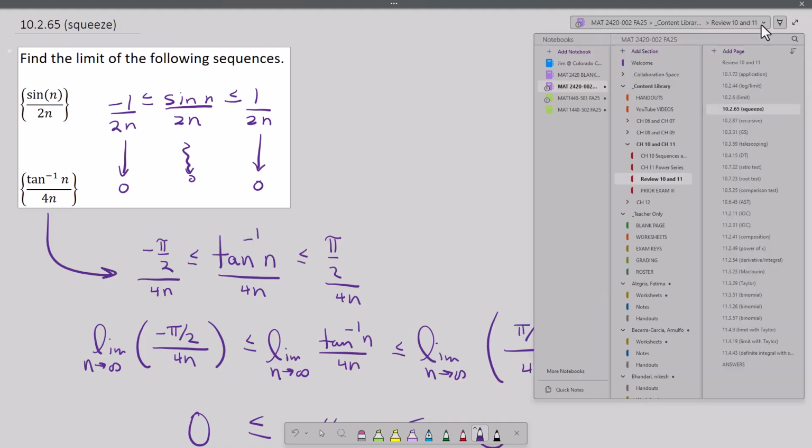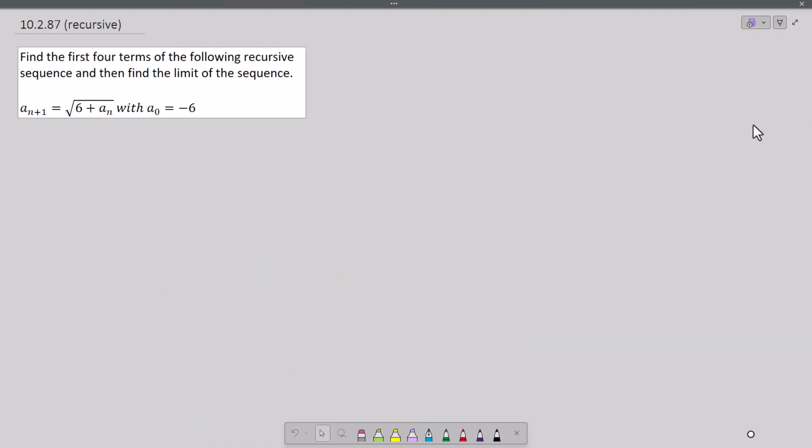All right, let's try one of these recursive ones. Find the first 4 terms of the following recursive sequence and then find the limit of the sequence. They've given us the very first term, -6.